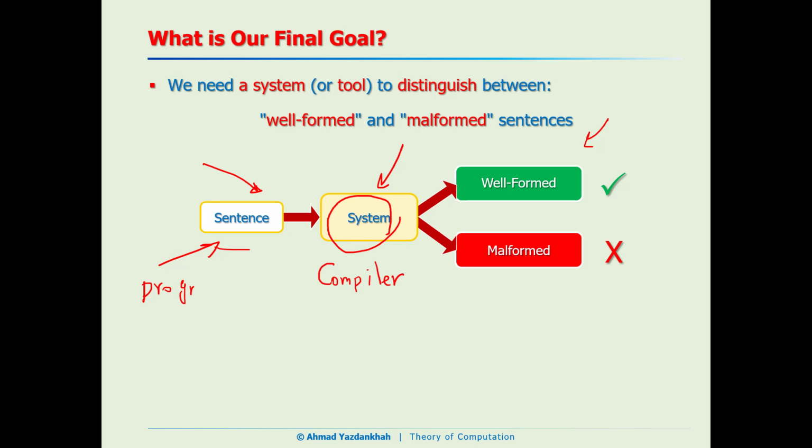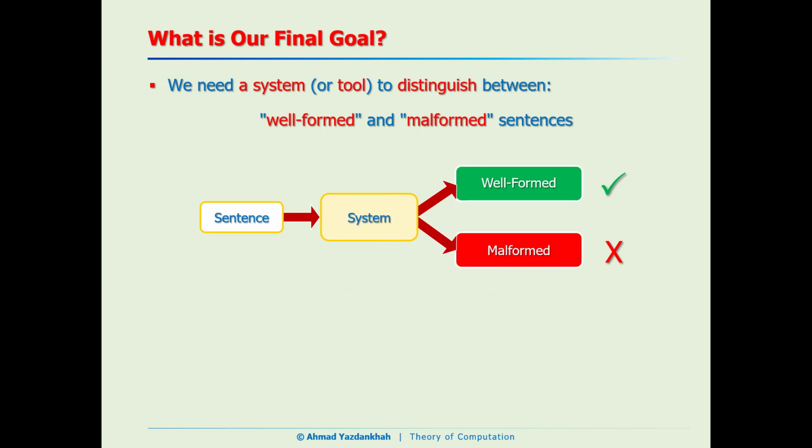And when you feed or input your program to a compiler, the first thing that it needs to do is checking the syntax and semantics, right? And one important application of this system that I am looking for is whether the program is well formed or malformed, to give you the warnings and errors. Just keep this example in your mind, and we might get back to it later.